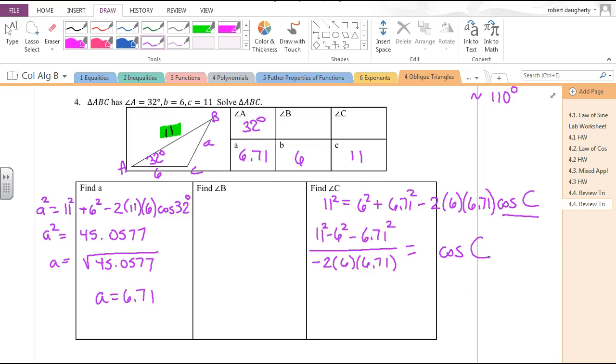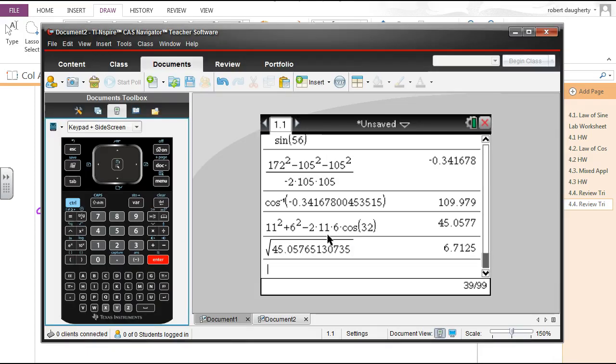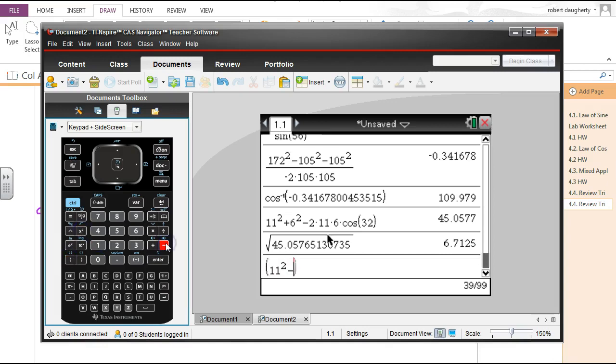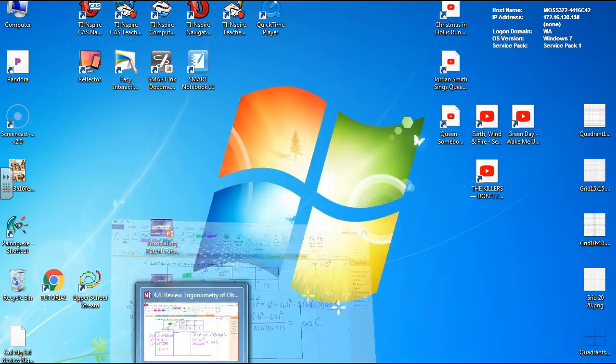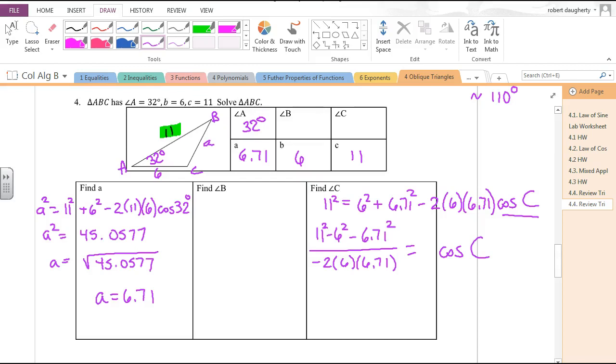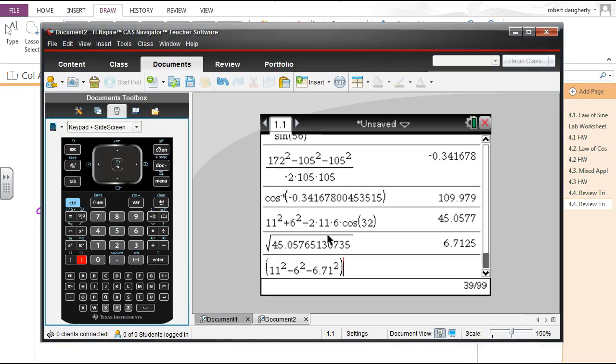So it's 11, 6, and 6.71. It's a big fraction. So 11 squared minus 6 squared minus 6.71 squared, that is the top of my fraction. And then all of that is divided by parentheses, negative 2 times 6 times 6.71.